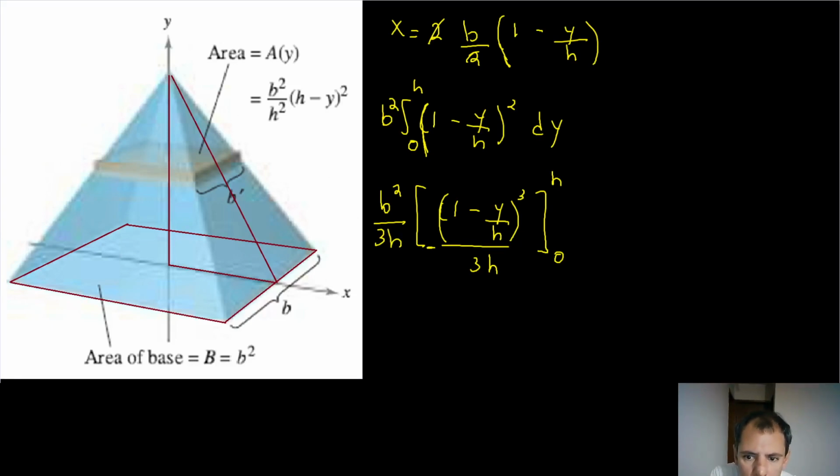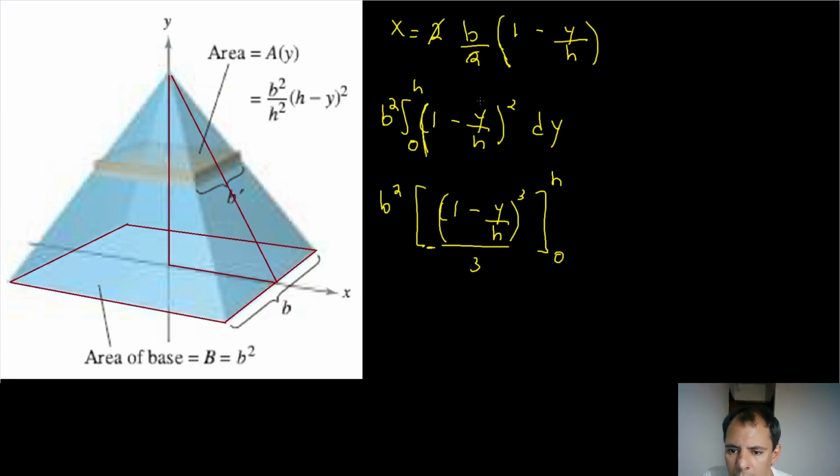I'm gonna put a... let me think. Oh no, hold on. There's one thing that I'm making a mistake here. Okay, so it's gonna be, because it was squared, right?